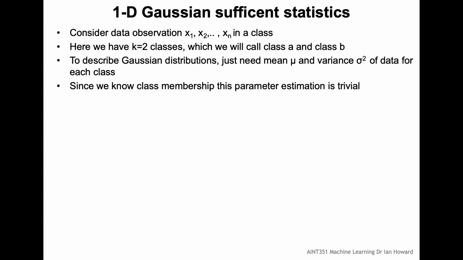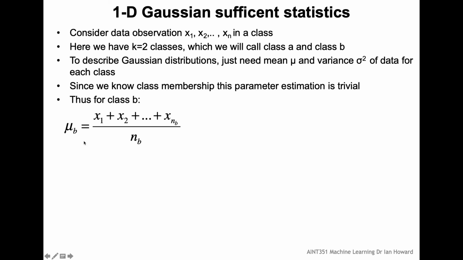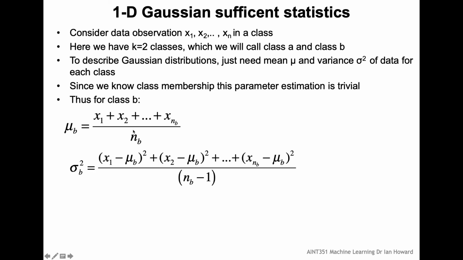So since we know both classes, we've got the data for both classes, we can split the incoming data up. So for class B, all we have to do is look at all the values of the data coming in which are from class B and divide by the total number of them. So if these were just measurements of the power, which are labelled of class B, add them all up and divide by the total number of them.